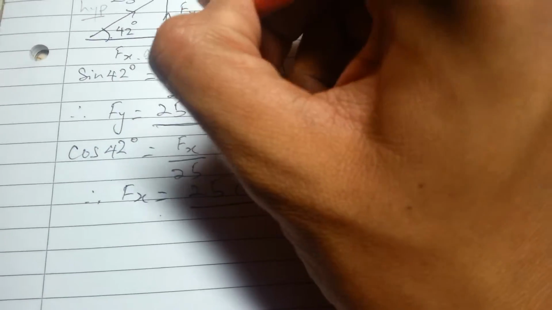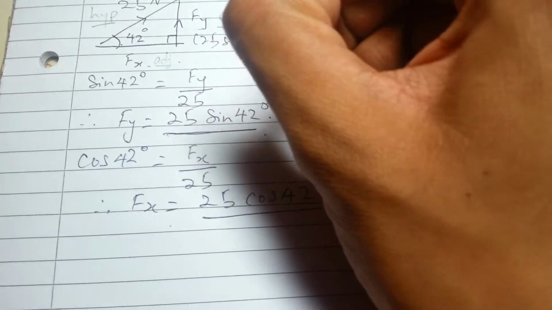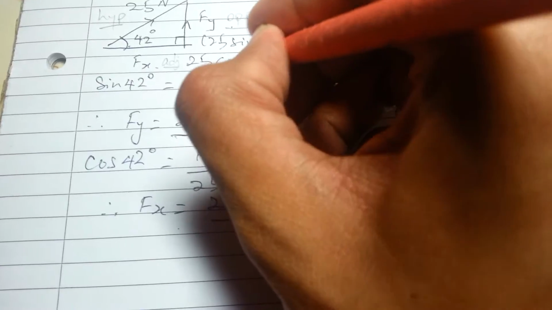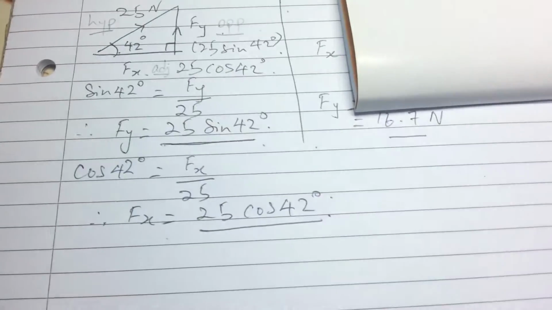And that is how I get that Fy will always be 25 sine 42 degrees and Fx will be 25 cosine 42 degrees.